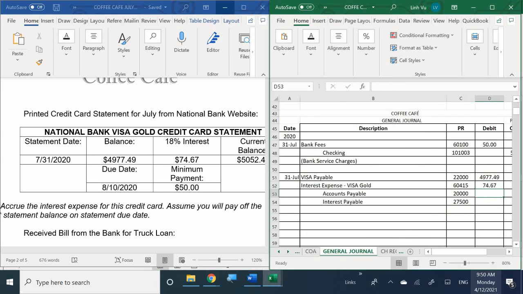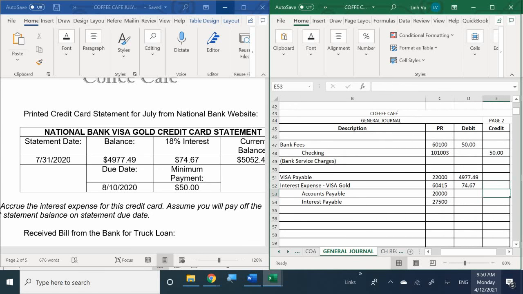How much is my interest? 74.67. Okay? Same thing here, right? I only owe this much on my credit card. And I need to pay my interest separately. Even though it's together in one bill, I need to recognize this difference, because I have a separate cost. It's not part of the amount that I owe for my credit card.